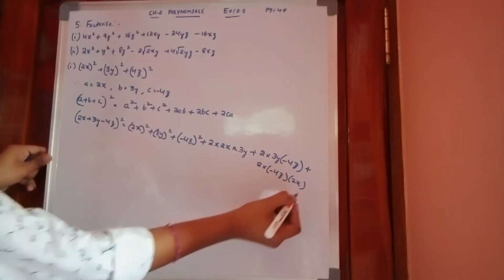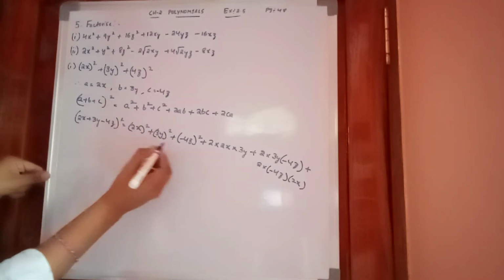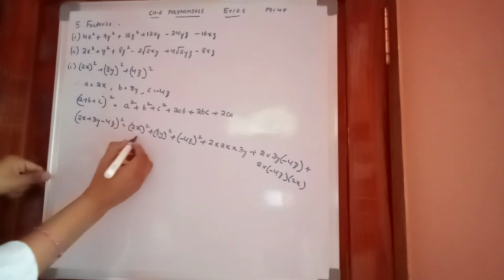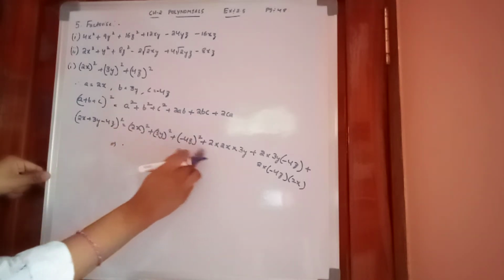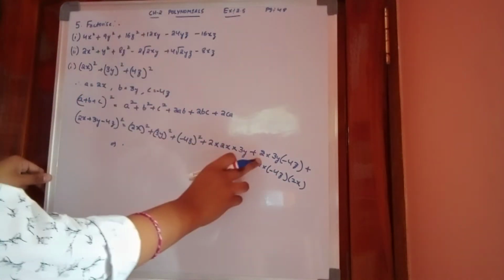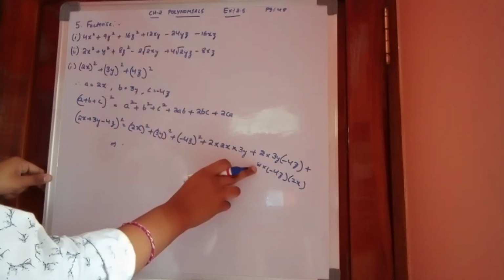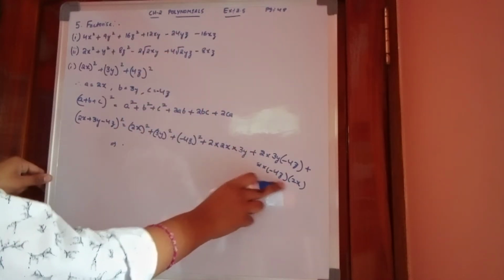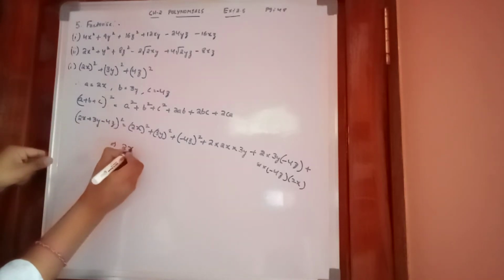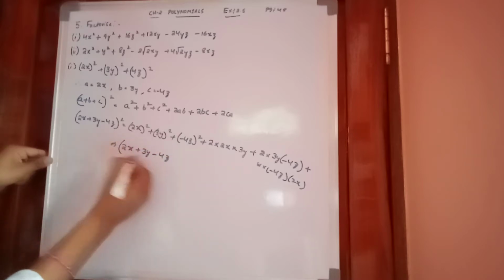So now substituting, we'll get 4x square, 9y square, 16z square, and 2 twos are 4, 4 threes are 12, 12xy we got. 2 threes are 6, 6 fours are 24, minus 24yz. 2 fours are 8, and 8 twos are 16, minus 16xz. We got this value. So directly you write here (2x + 3y - 4z) whole square.